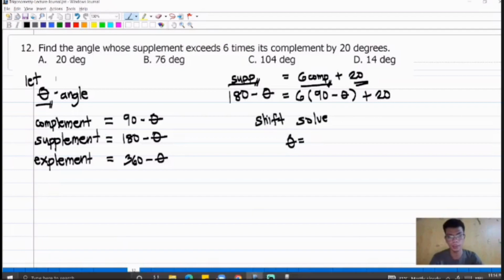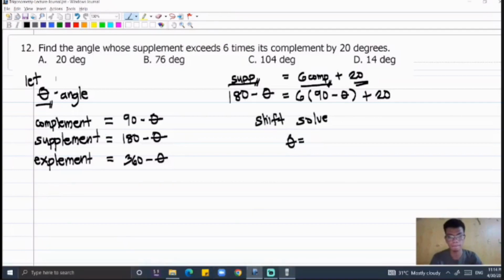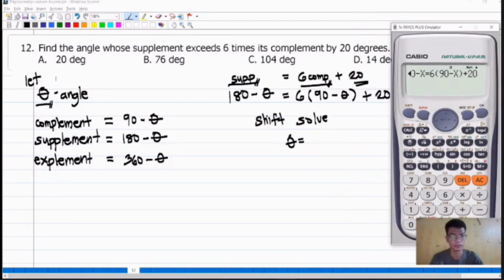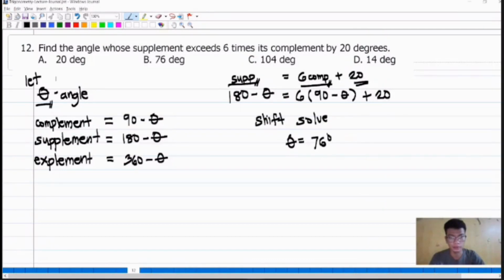So that is 180 minus the unknown angle equals to the 6 times of the complement, 90 minus theta, plus 20. So the angle is 76 degrees.